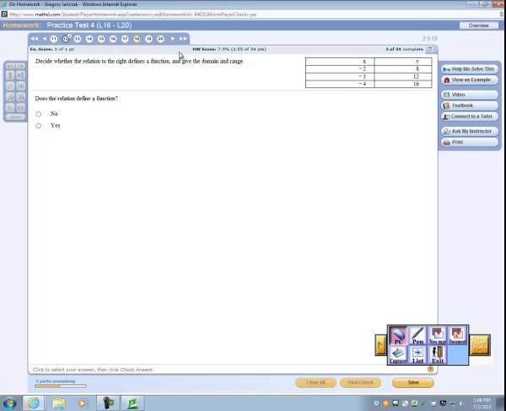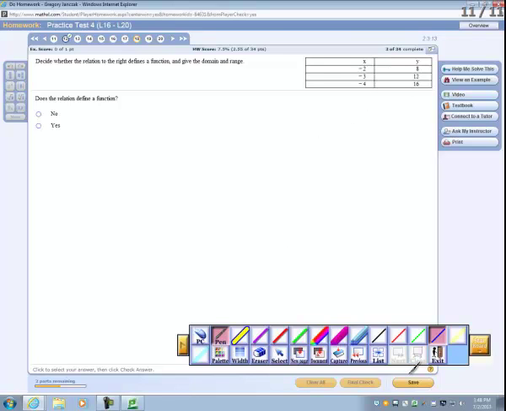All right, decide whether the relation on the right defines a function in a given domain and range. Okay, we got 2, 8, negative 2, 8, negative 3, 12, negative 4, 16. Is that a function? Yes or no? Yes, it is. Okay, now we want to define the domain and the range.